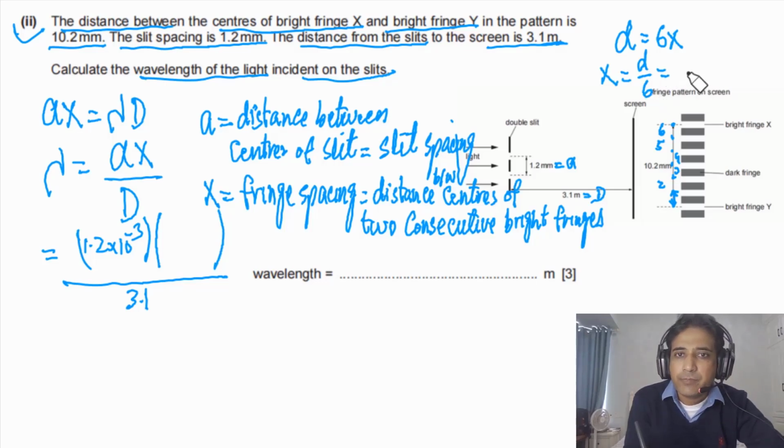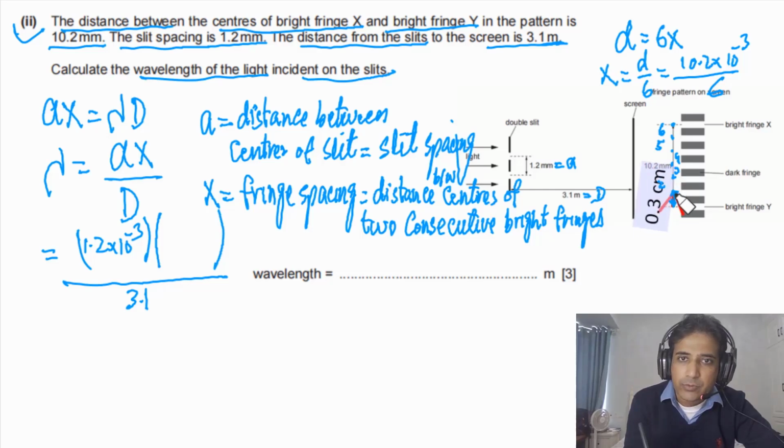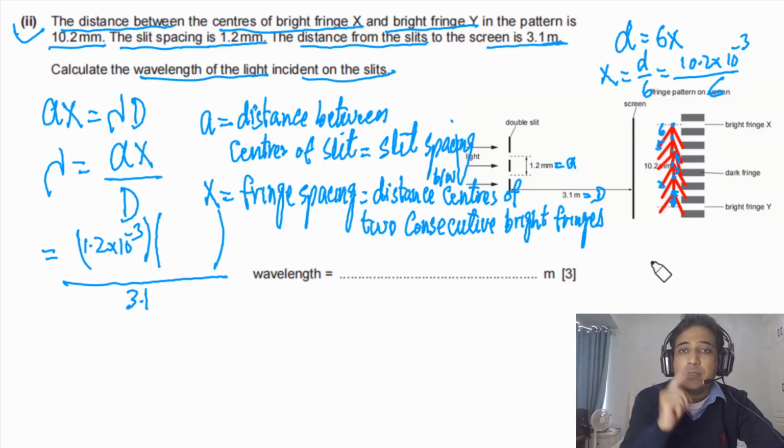So it means 12.2 millimeters has to be divided by 6. Now let me use arrows here to make it more clear. So this is 1x, 2x, 3x, 4x, 5x, and here we have 6x, and this is equal to d.